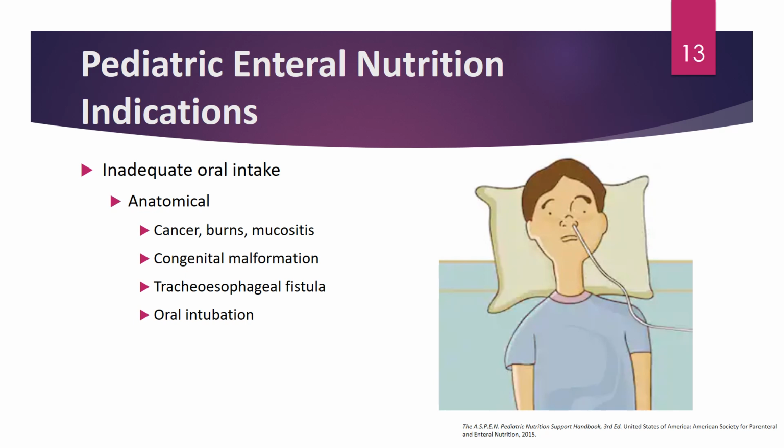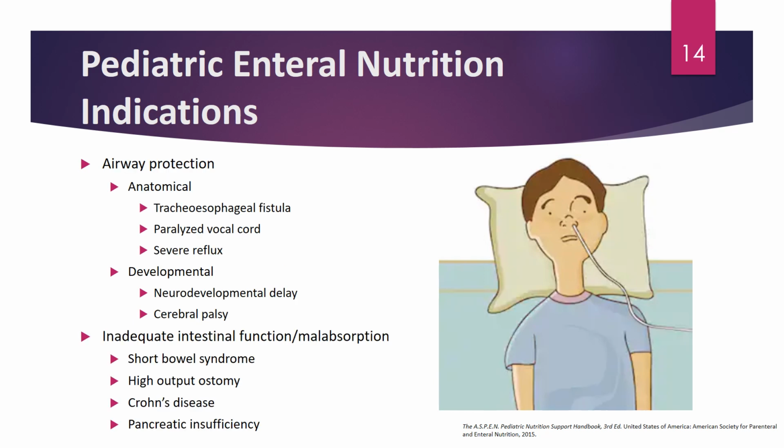In patients that have tracheoesophageal fistulas, remember, a fistula is basically a disconnection where a little hole is contained where lots of output may come out. And again, oral intubation is another one listed under anatomical, and note that it's listed twice.